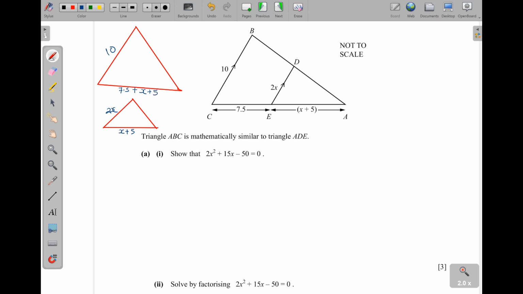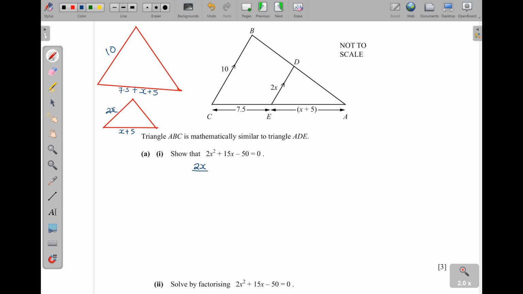Now, show that that is equal to, so for similar shapes, the corresponding angles are equal, and then the corresponding sides are all in the same ratio. So we can have 2x. I can say 2x here.